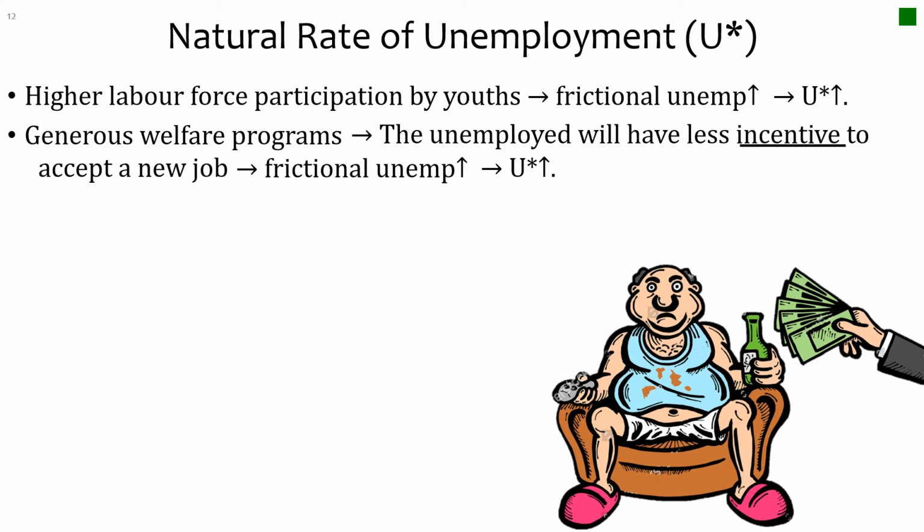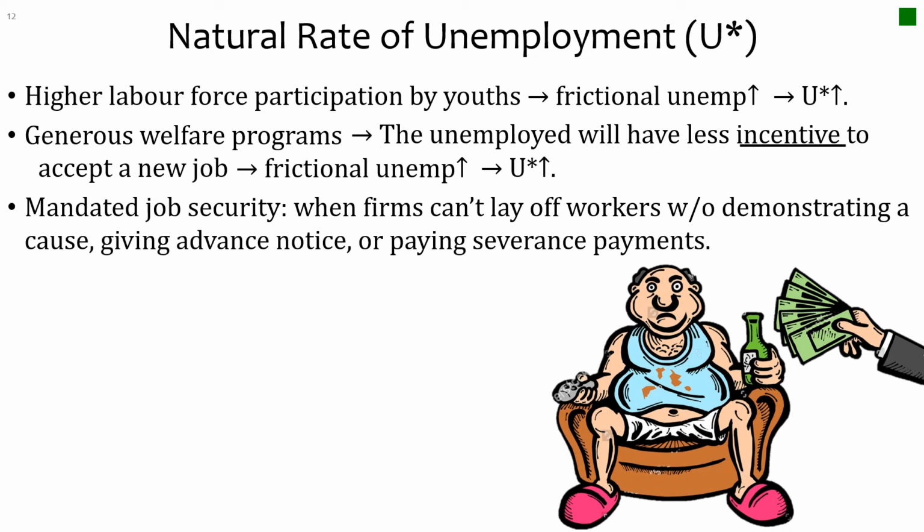What is key here, what is central to all this discussion, is this idea of incentives. Whenever there is a policy, you have to think about how it's going to affect the incentives of each side. A similar concept is mandated job security. And that's the idea that firms can't lay off workers without demonstrating a cause, giving advance notice, or paying severance payments. And this is there in a lot of countries where firms cannot simply lay off workers.